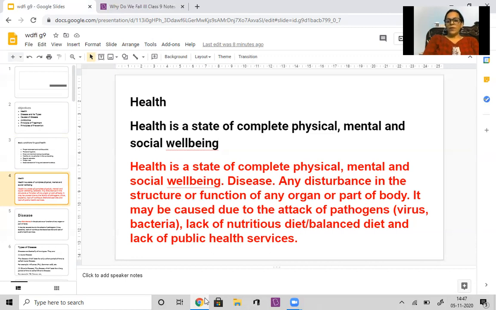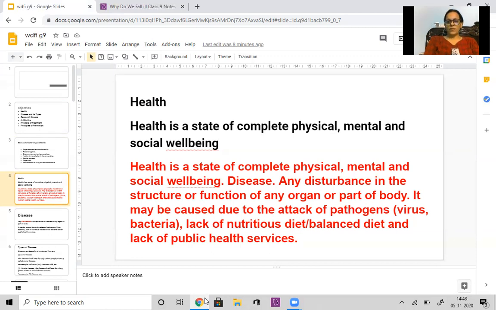So according to the WHO, all of you know what WHO is? World Health Organization. The World Health Organization has given the definition of health: a state of complete physical, mental and social well-being, right?